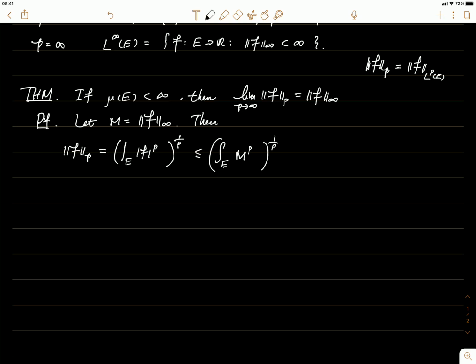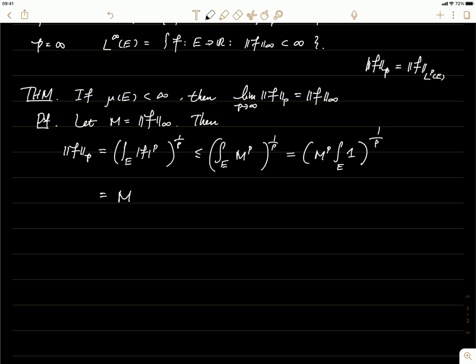This m to the power p is a constant, so it can be pulled out. So it's equal to m^p times the integral of 1 over the set E, all to the 1/p power.